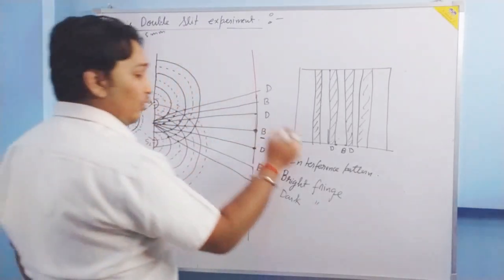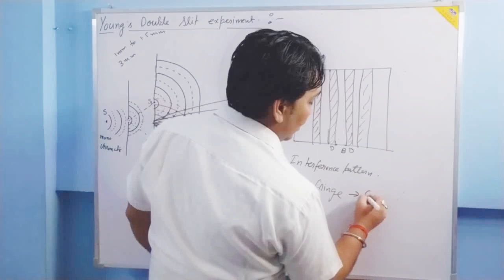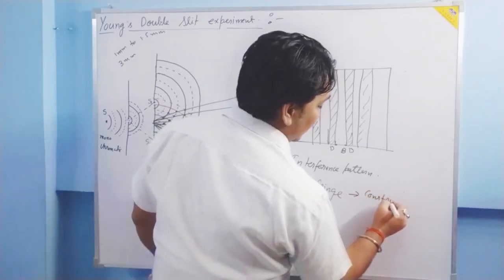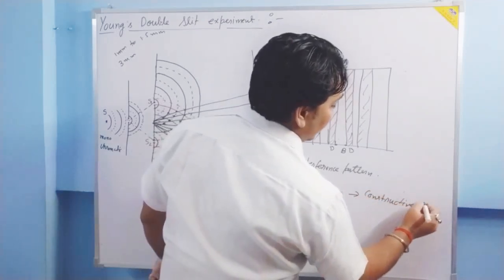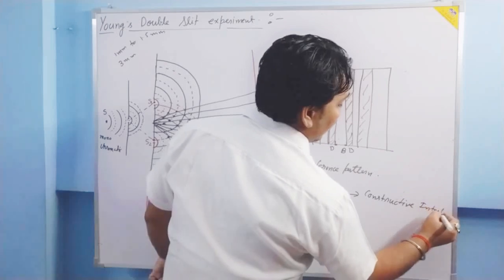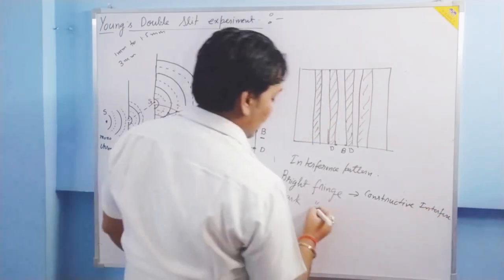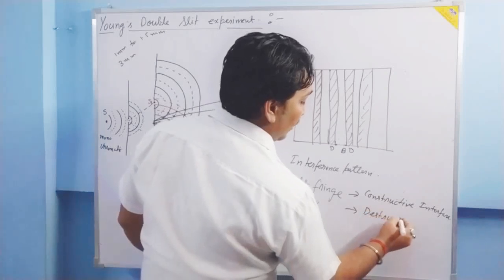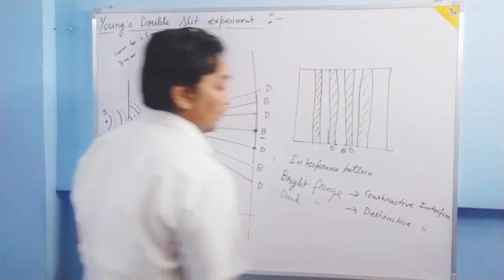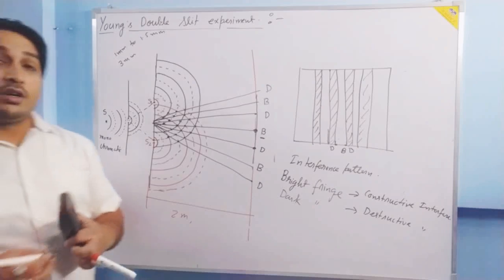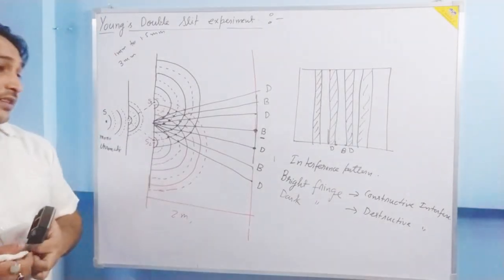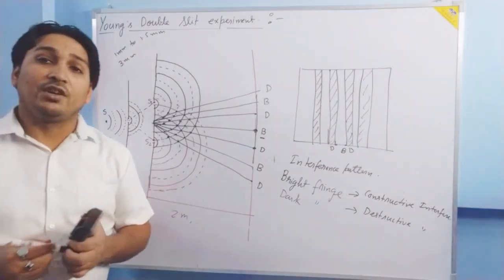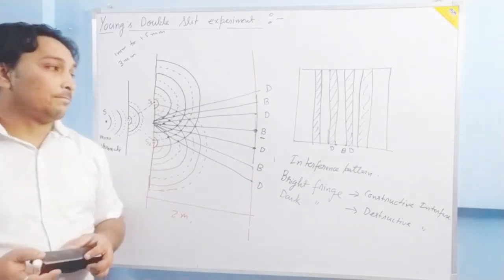This bright is also called constructive interference. And this dark fringe is called destructive interference. Okay, this bright fringe is called constructive interference, and this dark fringe is called destructive interference.